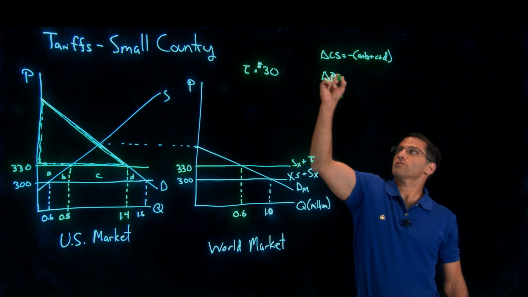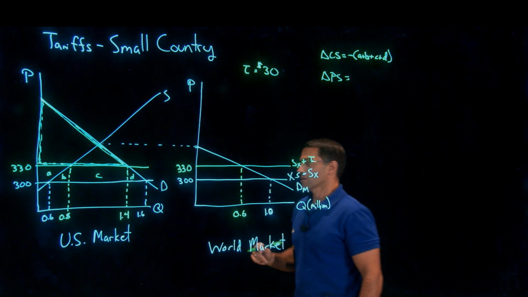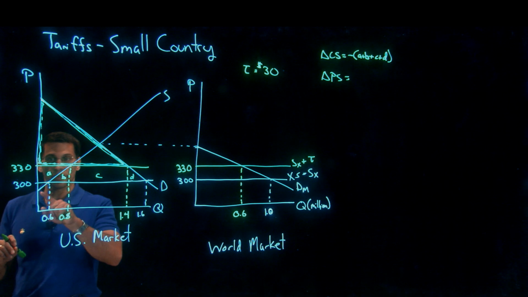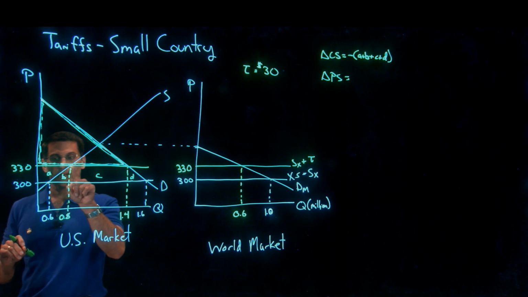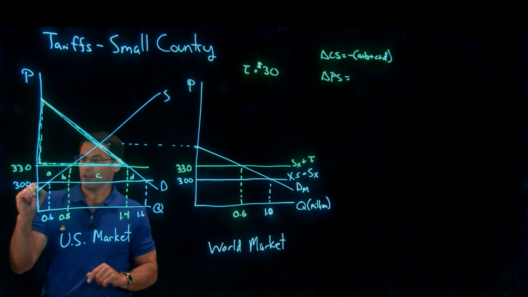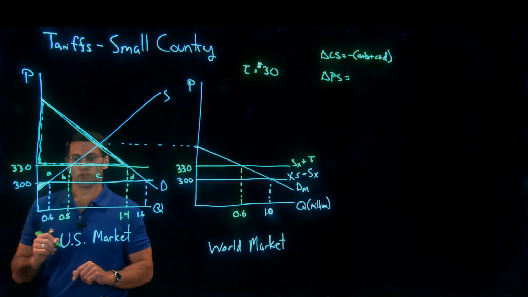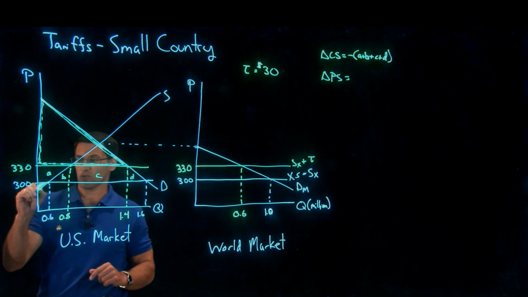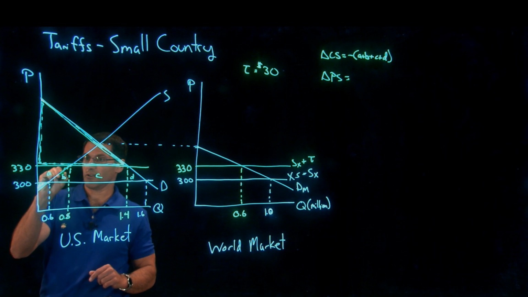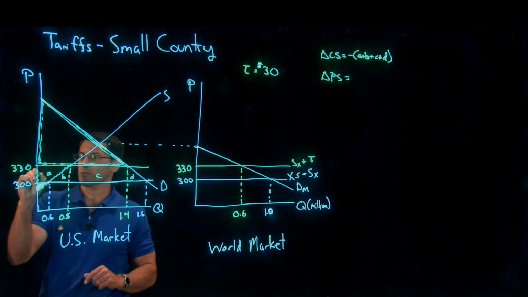What about the producers? Well, producers are now going to gain as the price goes up. Initially, they had this little triangle here as surplus. Now the surplus becomes this larger area, this triangle here.